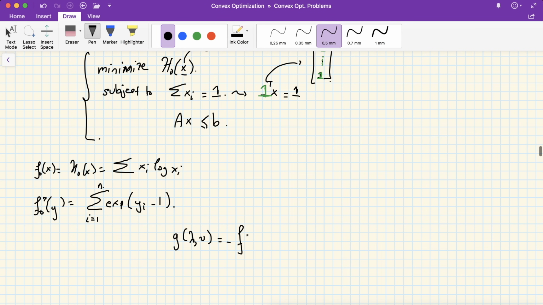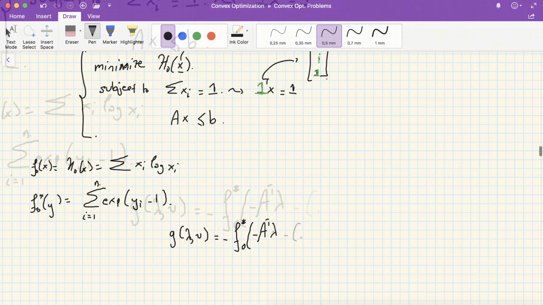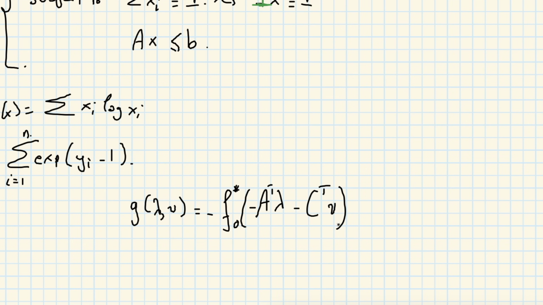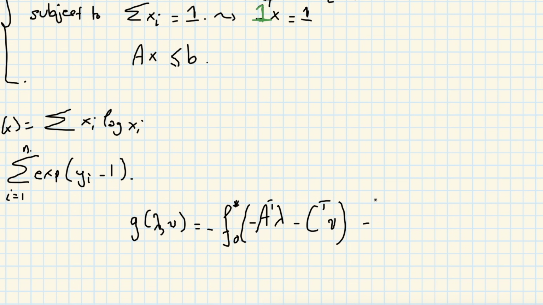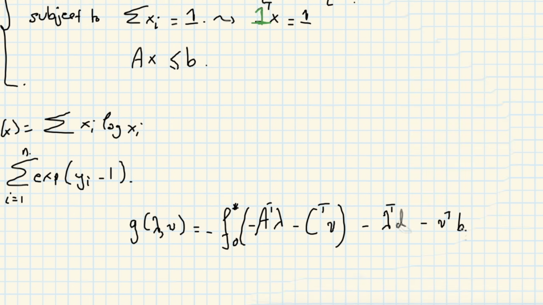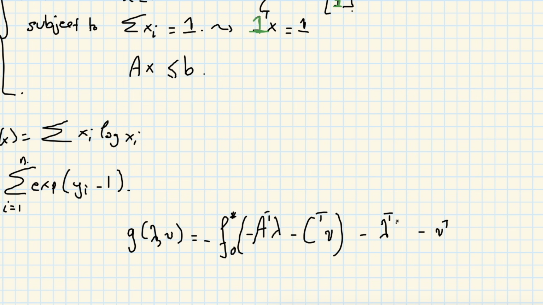It's minus f0 star of A transpose lambda minus C transpose nu. Just copying the formula. Minus lambda transpose D and the minus mu transpose B. Actually, the B goes here and the D goes here. My D is just the one scalar. So we've got only one nu, so it's a nu of size 1.